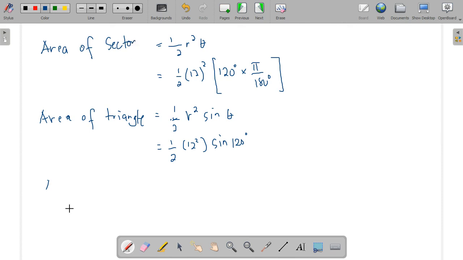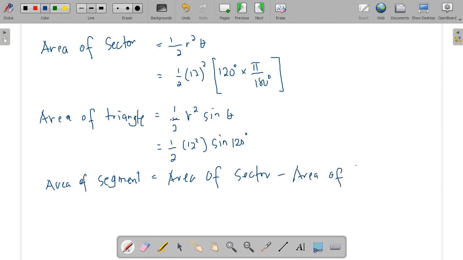Okay. So area of a segment will be equal to area of a sector minus area of the triangle. Or you can write it down, no? So 1/2 tapos 12 squared, no?